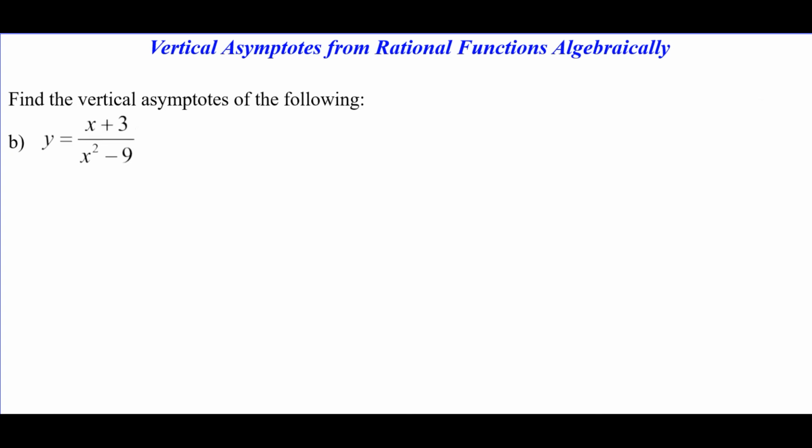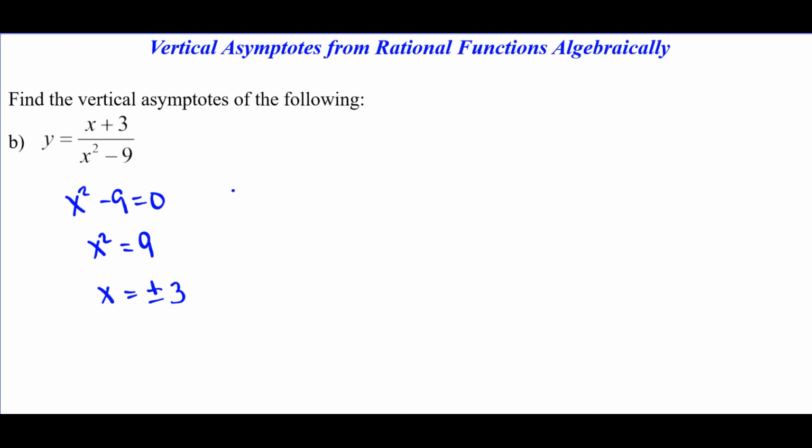Looking at a second example, here we have x plus 3 over x squared minus 9. Again, we start with setting that denominator equal to 0. So x squared minus 9 equals 0, so x squared equals 9. Remember, this is going to give us x equals plus or minus 3. I'm going to check that.